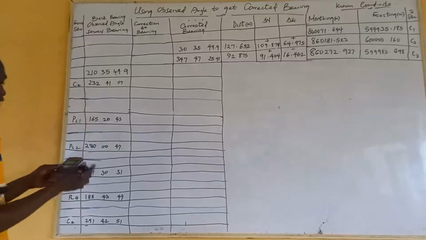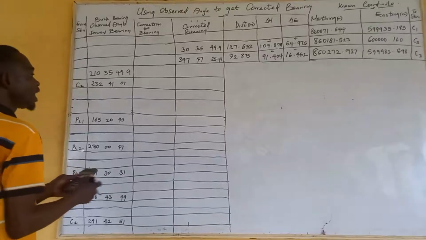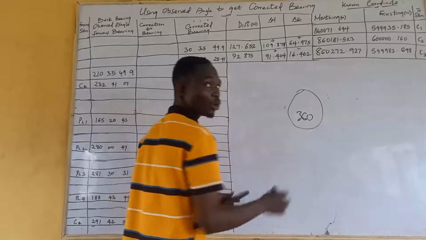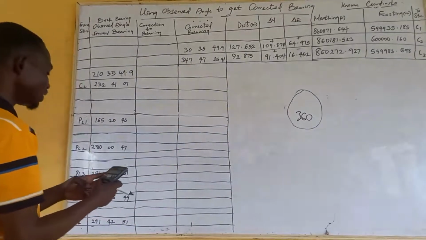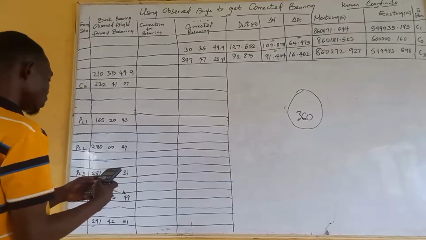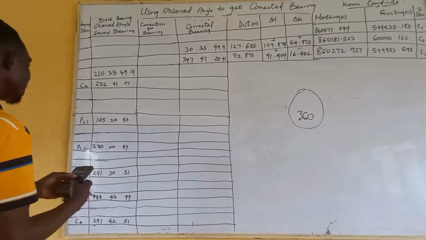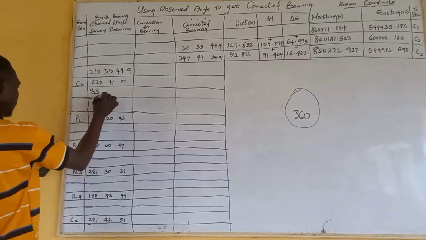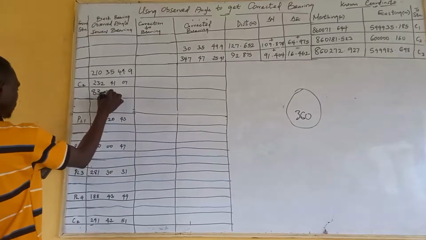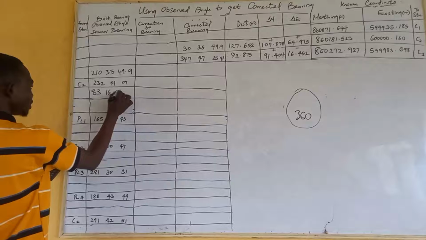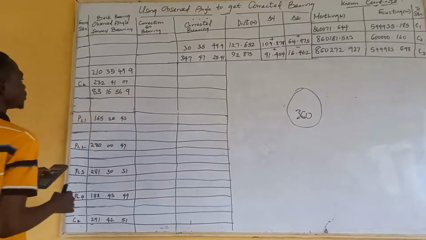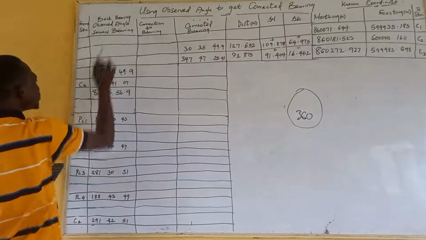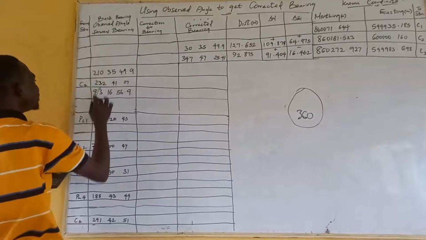But because the value is more than 360, and you know a circle reading will give you 360 degrees, what you simply do is subtract 360 from the value. So the result is going to be 83 degrees 16 minutes 56.9 seconds. So we now have the back bearing, which is this, the observed angle, which is this, while the forward bearing is this value.